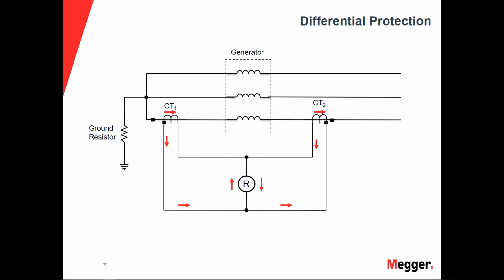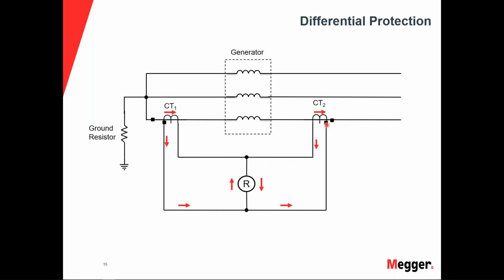Okay, here's an example of a differential scheme, and we'll walk through it briefly. In a normal scenario, as we are generating power through the generator here, we're seeing the flow of current into the CT. You'll notice that the current coming out of the generator will flow into the relay differential circuit and then come around as this circuit is made.